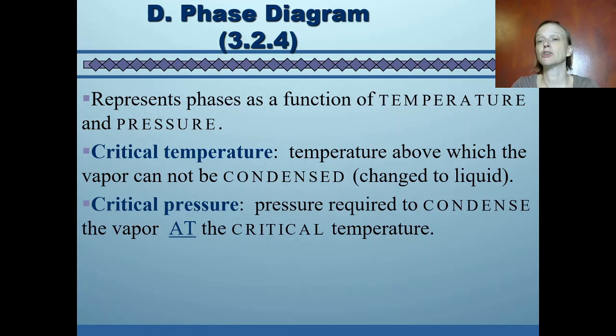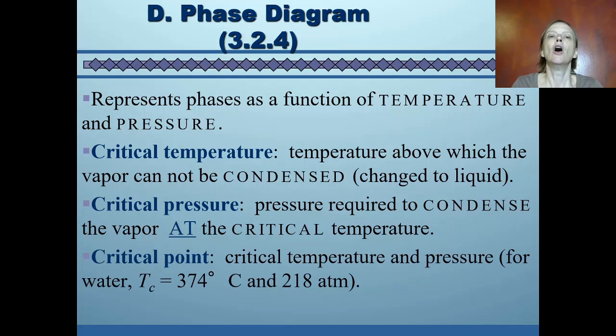The critical pressure is the pressure required to condense vapor at the critical temperature. So if you're at the critical temperature, how much pressure do you need to create liquid? The critical point is the critical temperature and the critical pressure listed together.